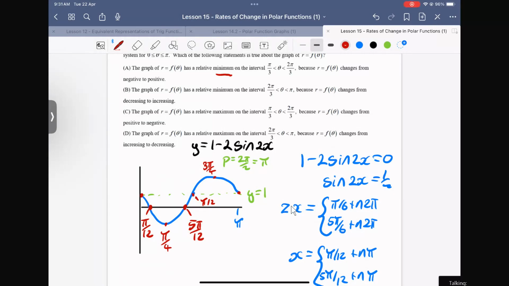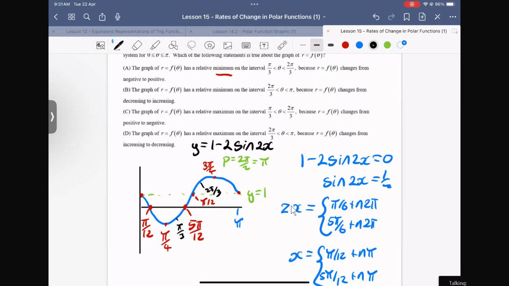Where's pi over 3? Pi over 3 is going to be around about there. And 2 pi over 3 is going to be here.